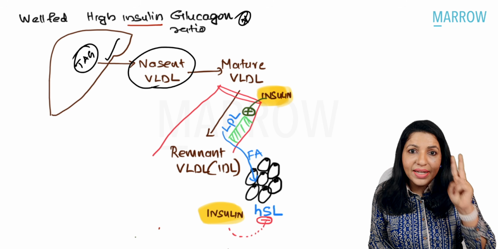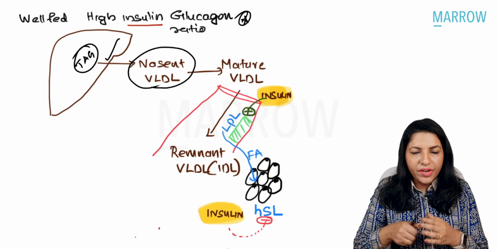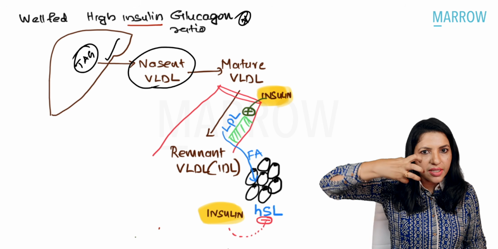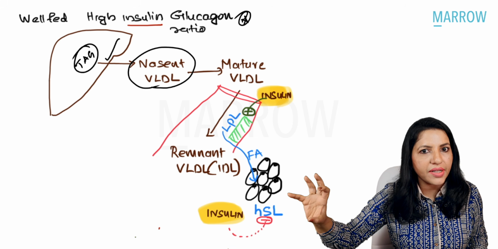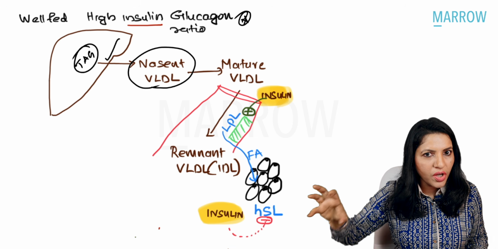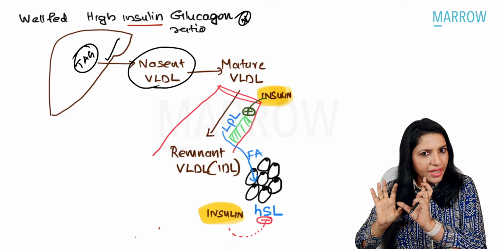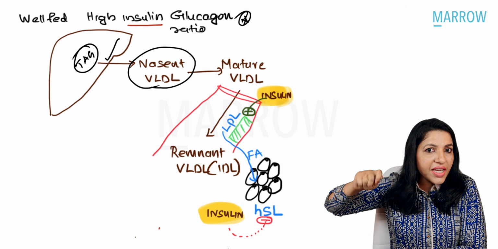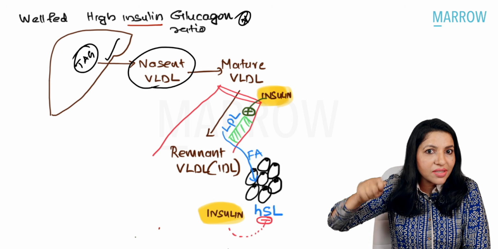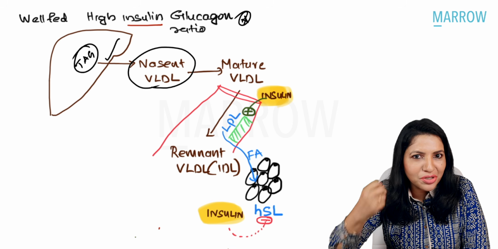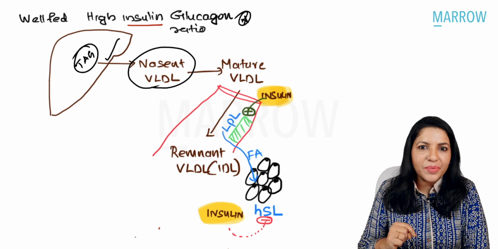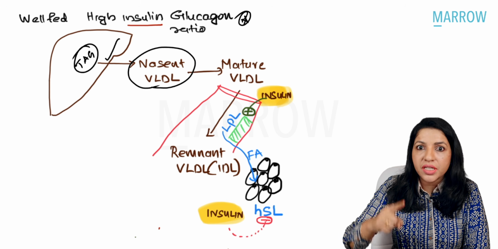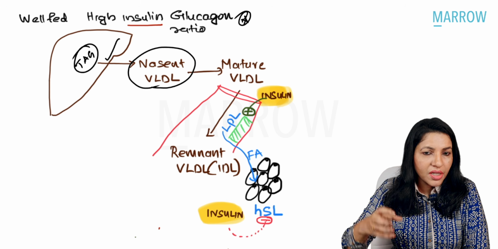So the second action of insulin is, when this endogenously synthesized triacylglycerol is taken into the adipose tissue, it is preventing this triacylglycerol from going out of the adipose tissue as well. By which enzyme? That is by inhibiting hormone sensitive lipase. Why?